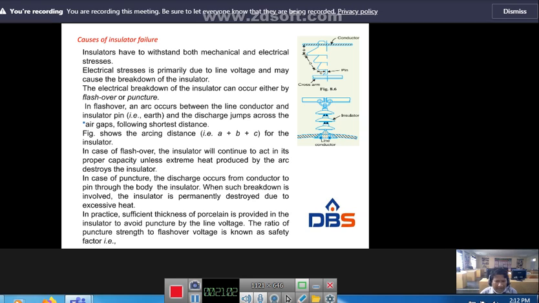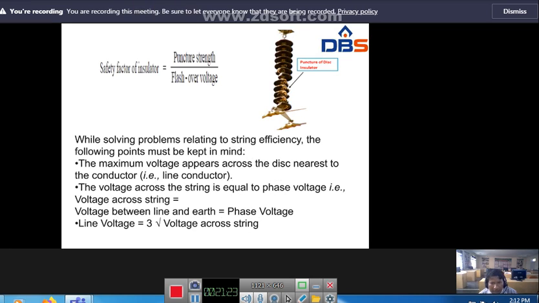In practice, sufficient thickness of porcelain is provided in the insulator to avoid puncture by line voltages. The ratio of puncture voltage to flashover voltage is known as the safety factor. At the start, I will give you a clarification: the ratio of puncture voltage to flashover voltage is greater than 5. So that is the safety factor, the ratio of puncture voltage to flashover voltage.